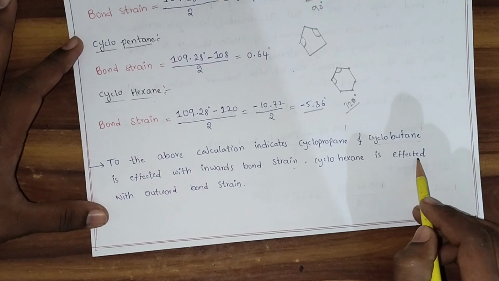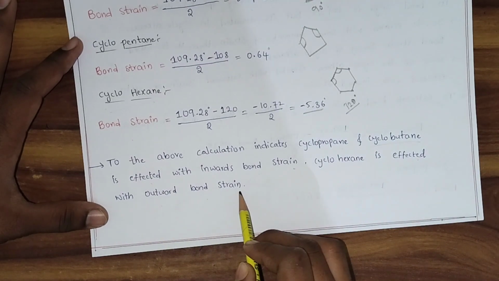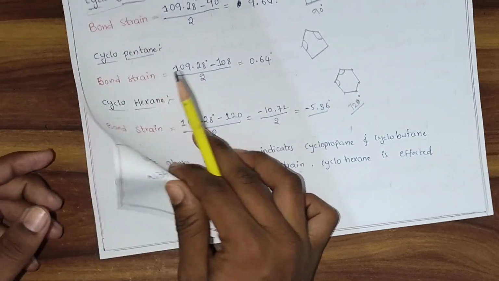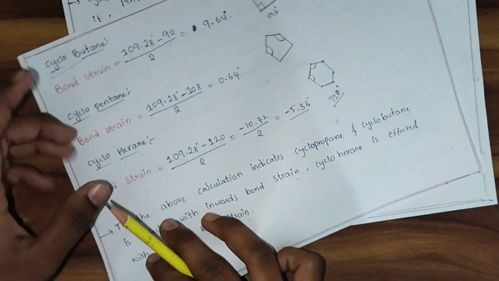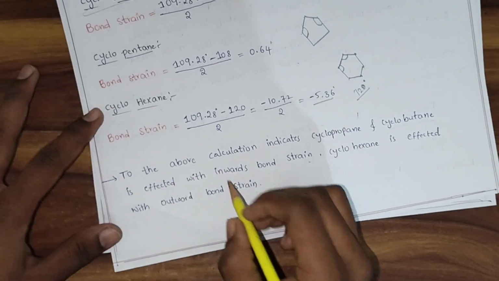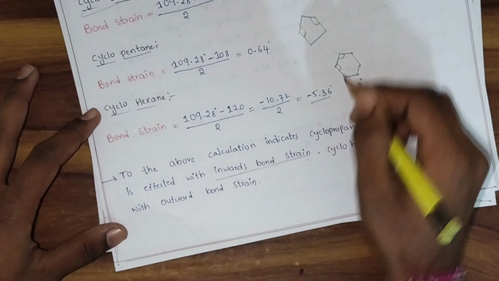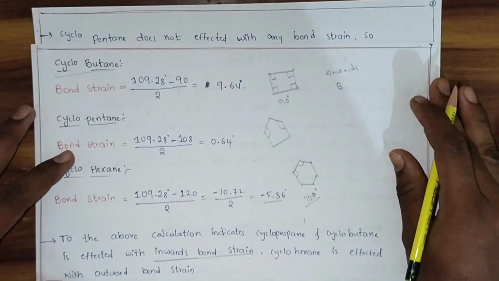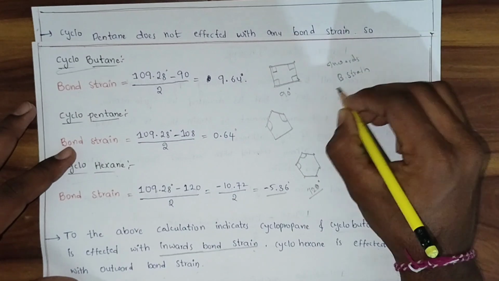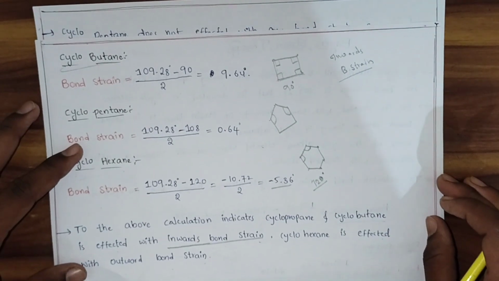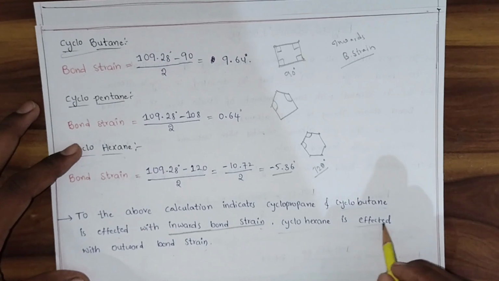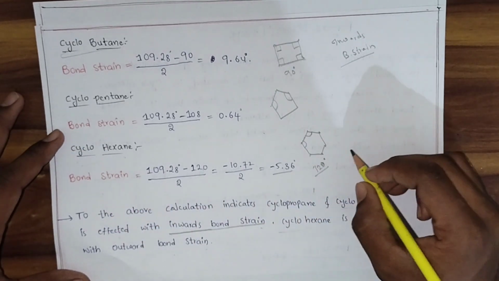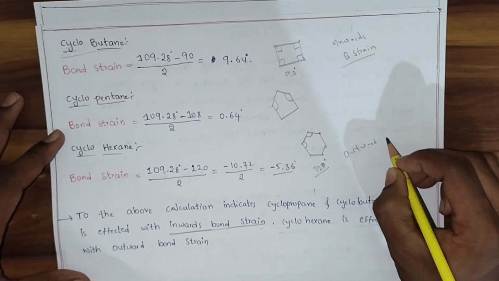Cyclohexane is affected with outward bond strain.